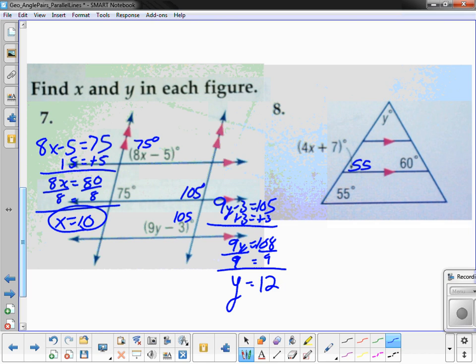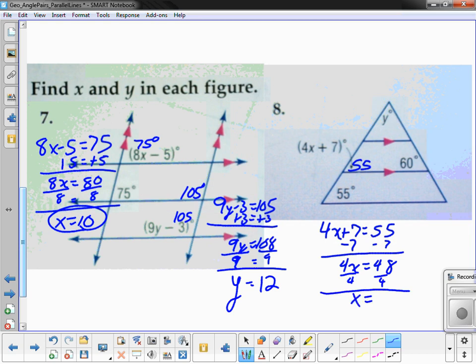So that means 4x plus 7 equals 55. So what am I going to do? I'm going to subtract 7 from both sides. So 4x equals 48. I'm going to divide by 4. That gives me x equals 12. So x is 12. Let's see if that works. 4 times 12 is 48 plus 7 is 55. So that works out. Well, now I got to figure out what that measure of angle y is.